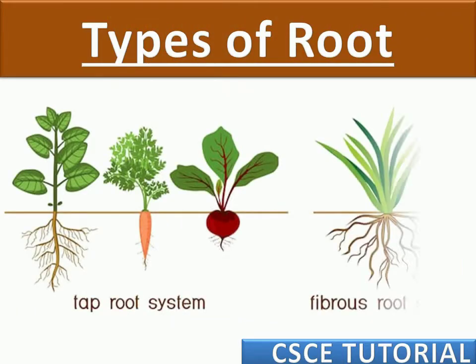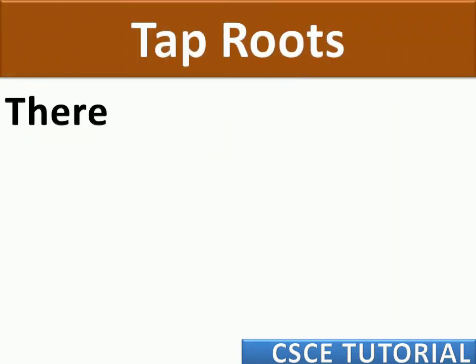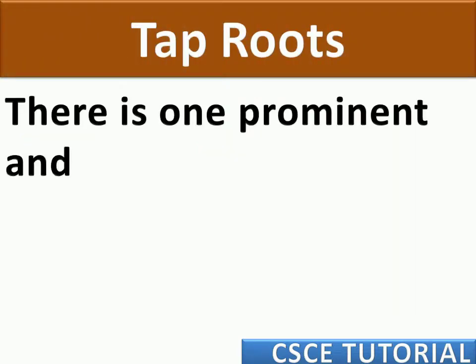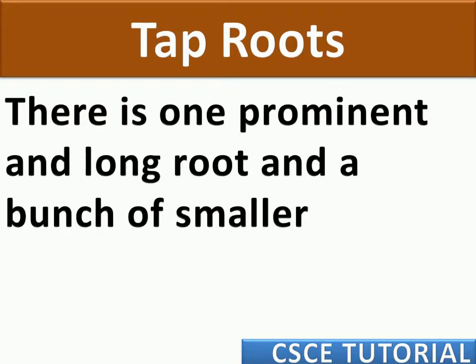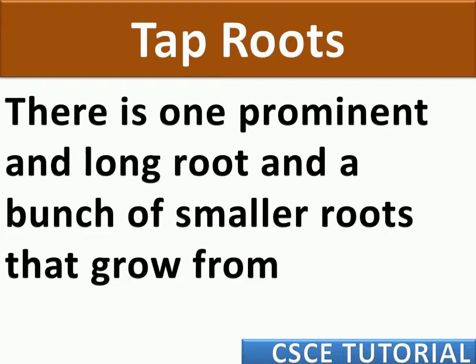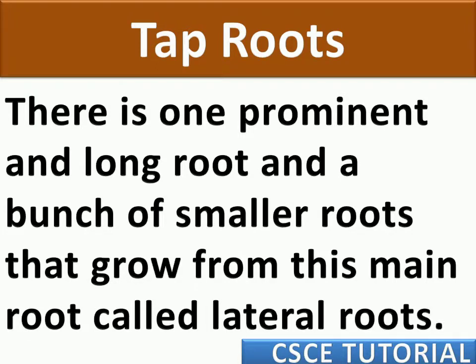Types of roots: tap root system and fibrous root system. Tap roots. There is one prominent and long root and a bunch of smaller roots that grow from this main root, called lateral roots.